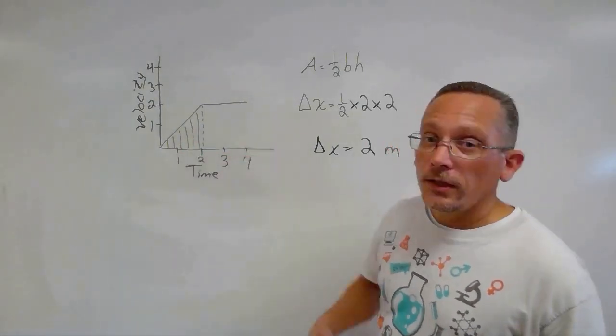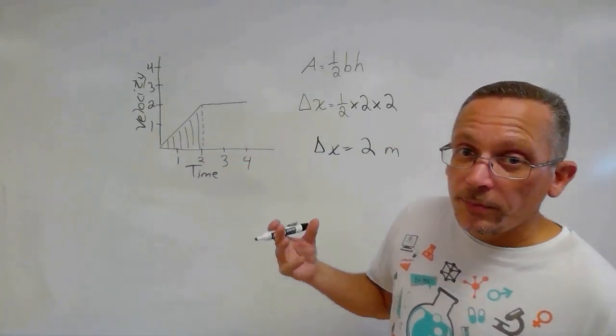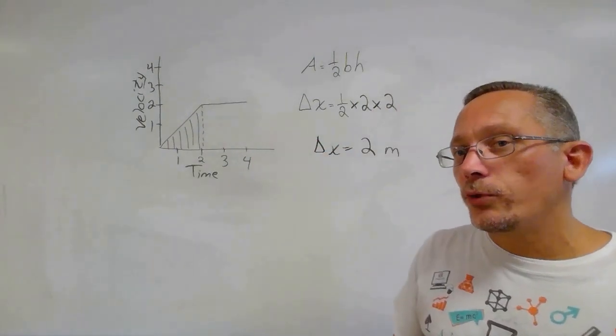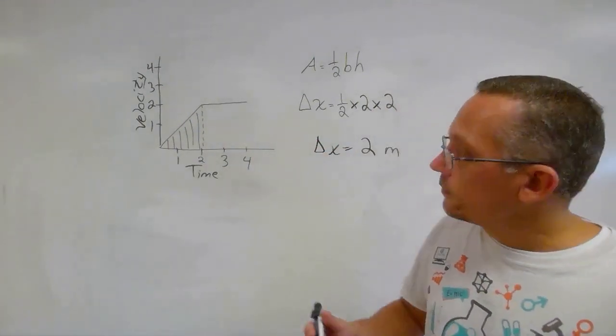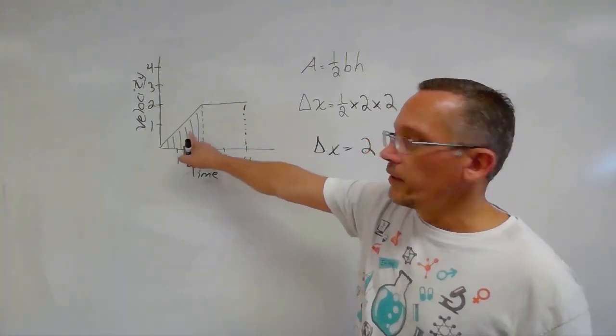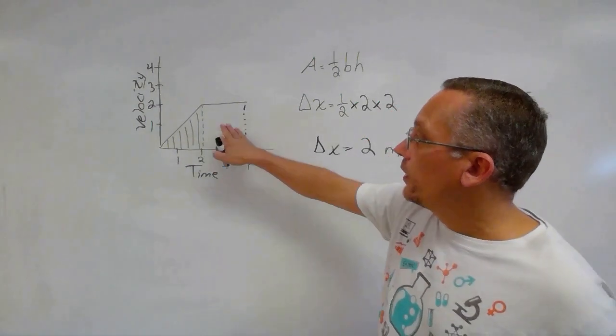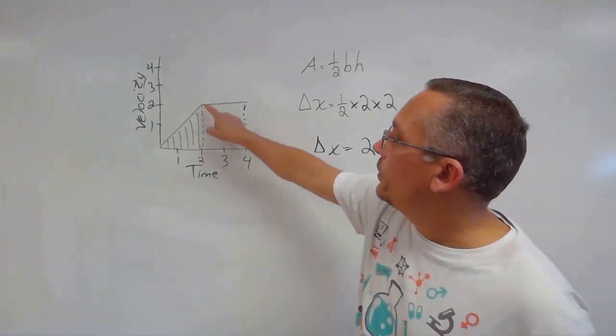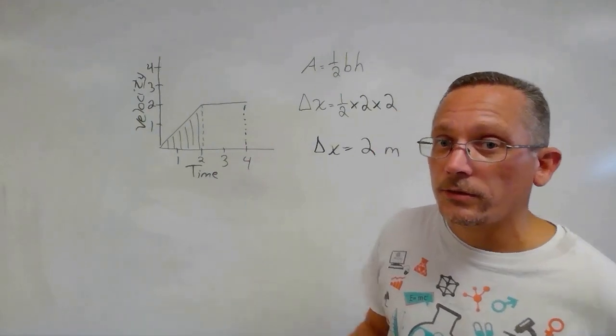If you need to know the whole thing, we can break it up into parts. So we found this part. What if I wanted to know how far it is from where it started after 4 seconds? We had this triangle, we just found its area. Now we have this square, and we can find its area. It goes up 2 and it goes over 2, so that is a square.